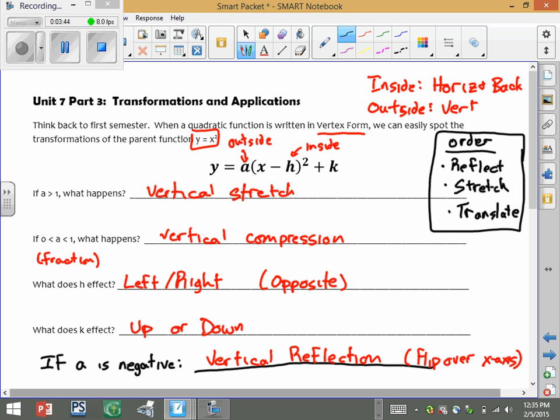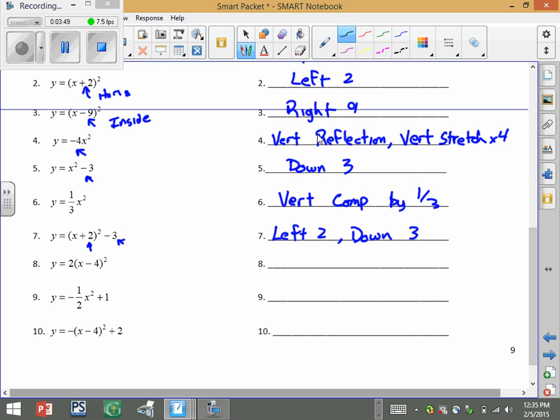So let's take that back down here to the bottom. Before we can move this thing to the left 4, before we can slide it, we need to deal with the 2 first. So the first move is a vertical stretch times 2, and then we're going to move it to the right 4, because that 4 is on the inside, so we're going to go backwards.